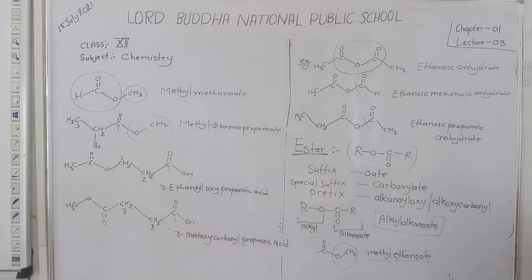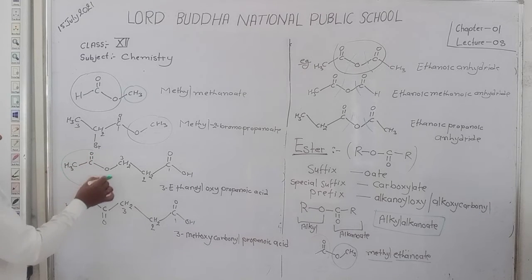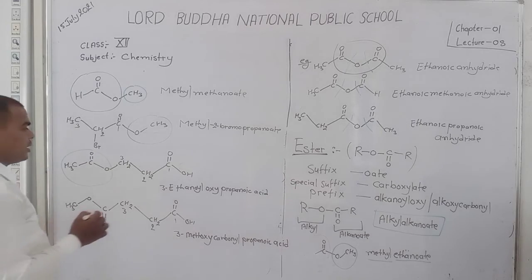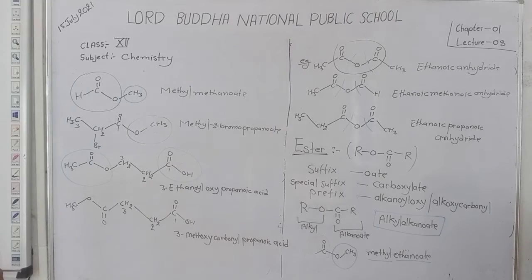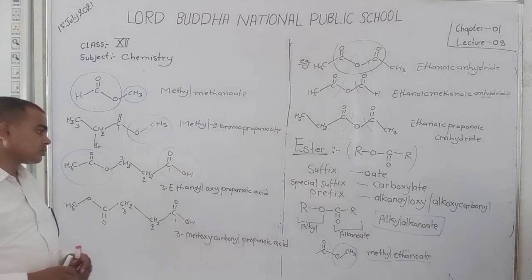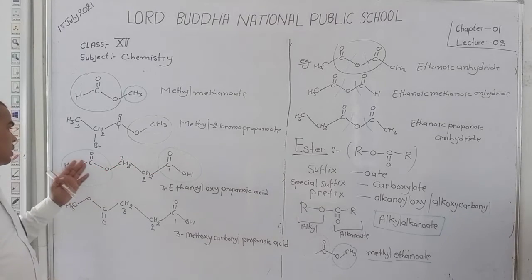Okay. Now discuss here. In this compound, an ester is present, and here a carboxylic group is present. The priority of the carboxylic group is greater than the priority of ester.